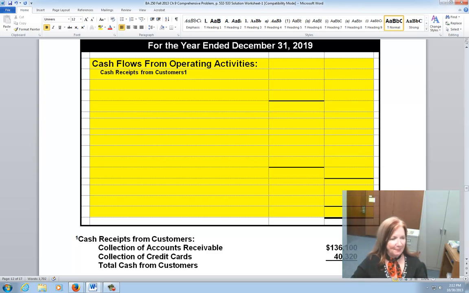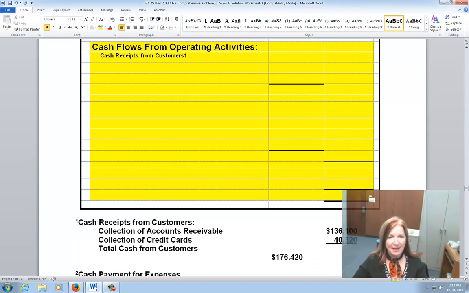So I'm going to tab across. Since this is a total, I'm going to do dollars, and if I added those together, I would get 176,420, and that would be the amount. And so spacing gets to be quite a problem here.